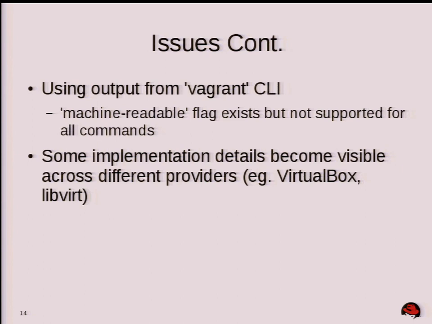And in terms of the Vagrant tooling, again, we're basically just calling Vagrant from the command line, and there's a lot of things that can go wrong with that. Vagrant does support a machine-readable option to potentially make the output more parsable, but not all Vagrant commands actually support this option. And the other issue is that depending on the hypervisor that you're using under the covers, so whether it's libvirt with KVM or VirtualBox, there are potentially different issues that can become exposed.